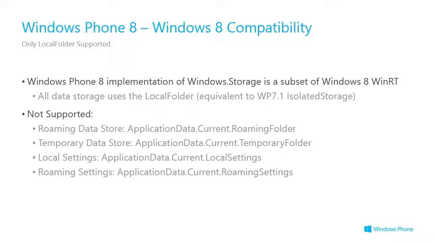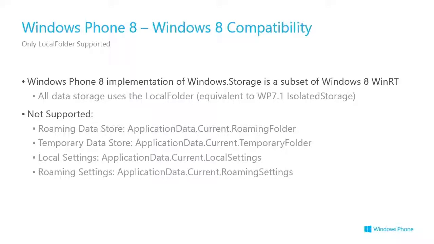So compatibility is part of what we're talking about. We want you to start learning how to write code that you can move back and forth between our neat new tablets and things like that. It's definitely a subset of what we have on Windows Phone 8 compared to WinRT. We talked about the part that seems a lot like isolated storage.